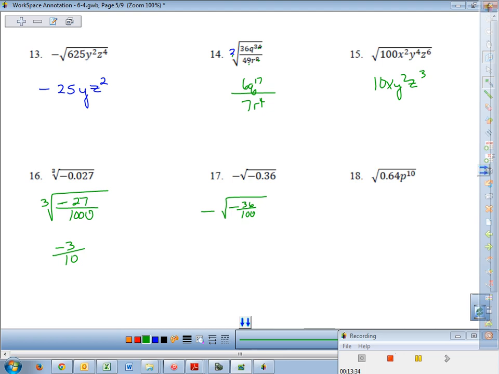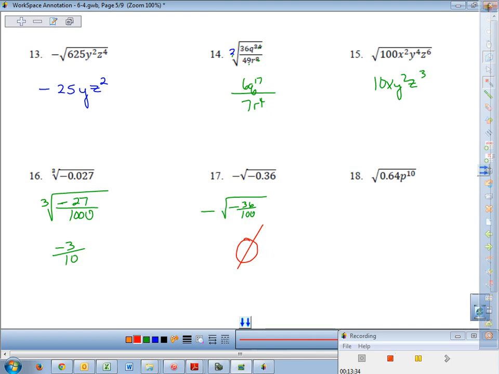Got your answer? Here's the answer. Why is it impossible? It's a negative radicand, correct? And what kind of root is it? Just because 36 is a perfect square and 100 is a perfect square, you have to watch out because it was negative in the first place. You cannot take any even root of a negative number.